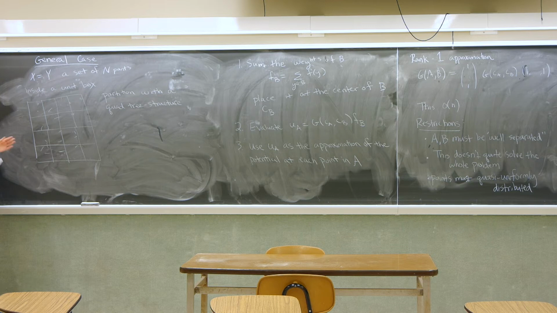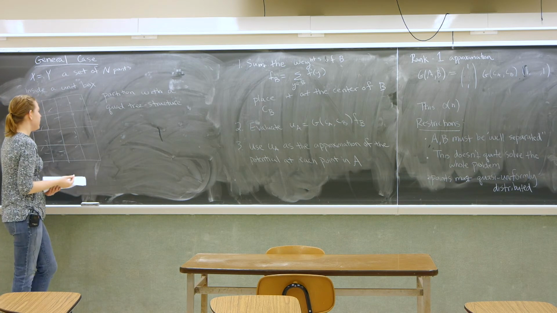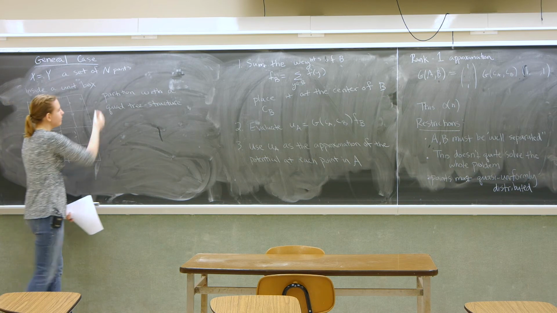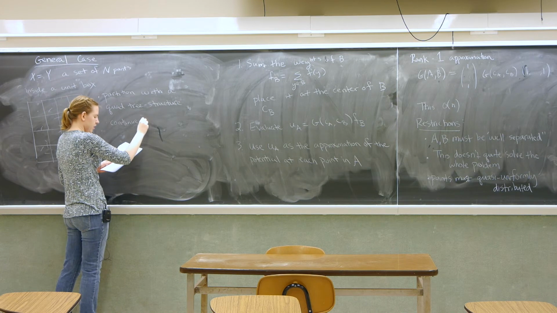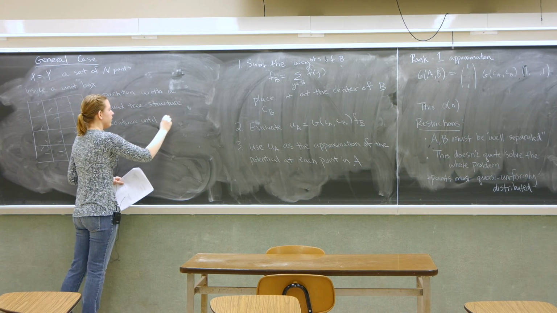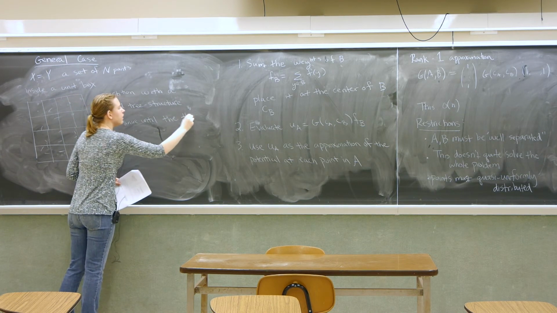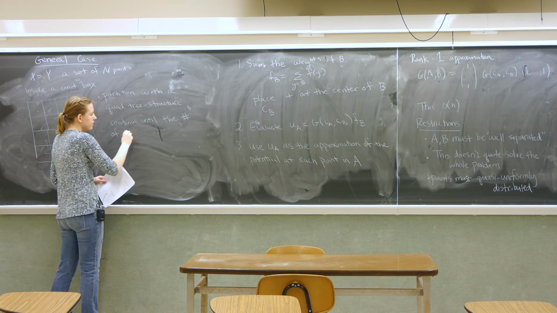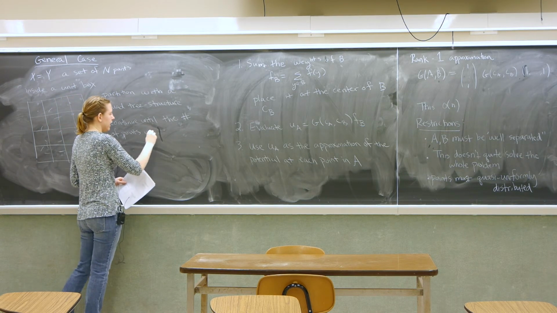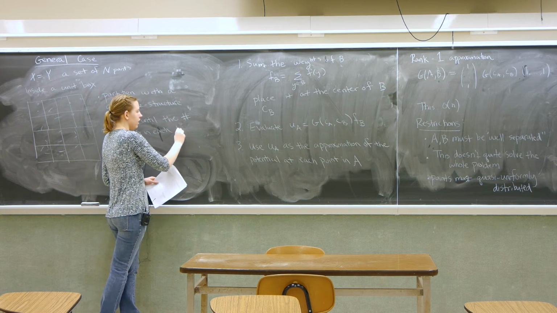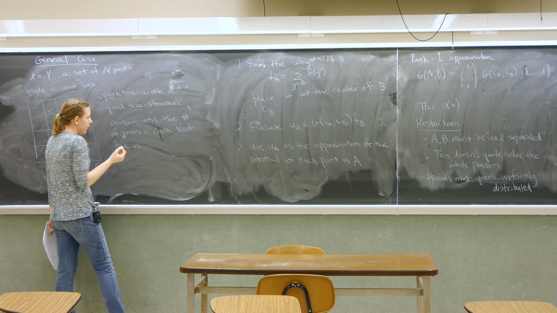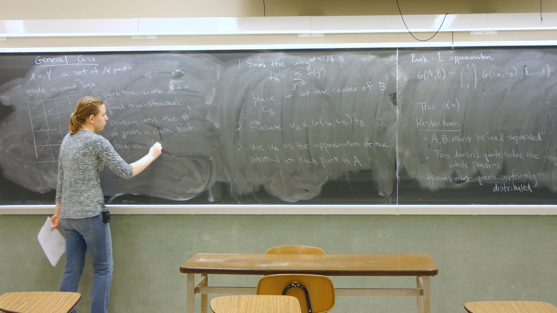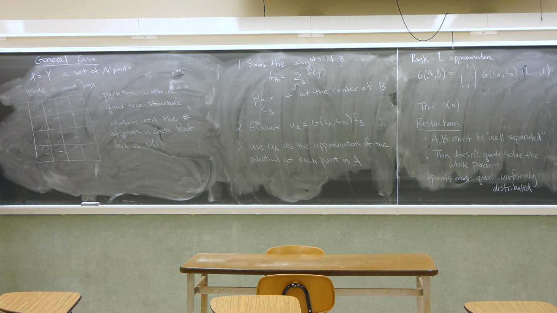And you continue doing that until the number of points in each leaf box is sufficiently small, and we actually want it order 1.